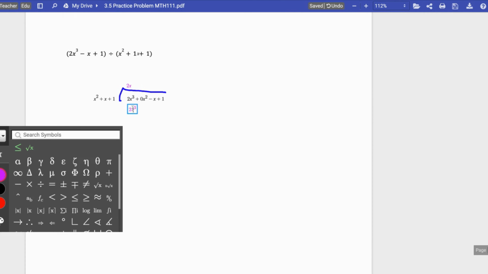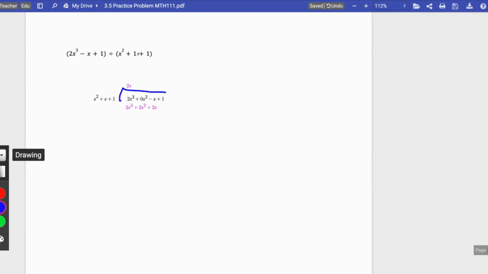That's what I want. And then 2x times x is 2x squared. So 2x cubed plus 2x squared. And then 1 times 2x is 2x. So now that I have that, I'm going to subtract my terms.